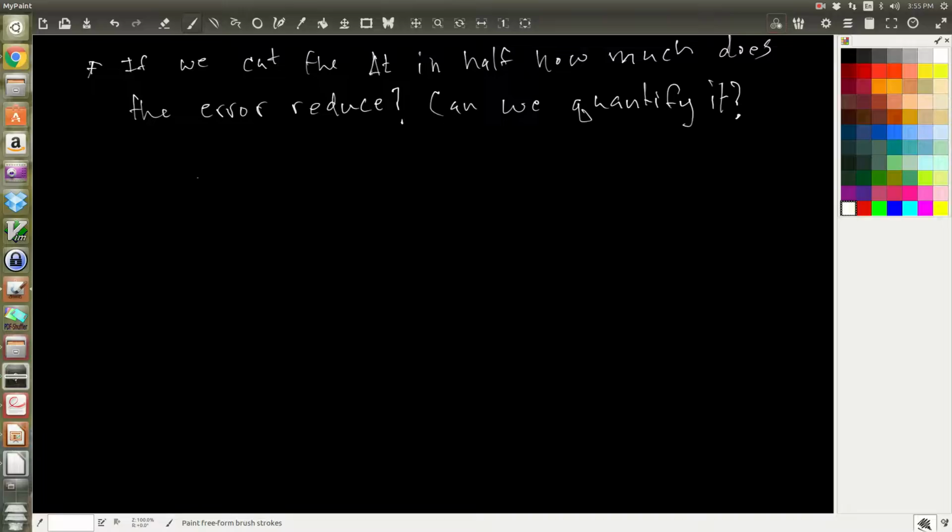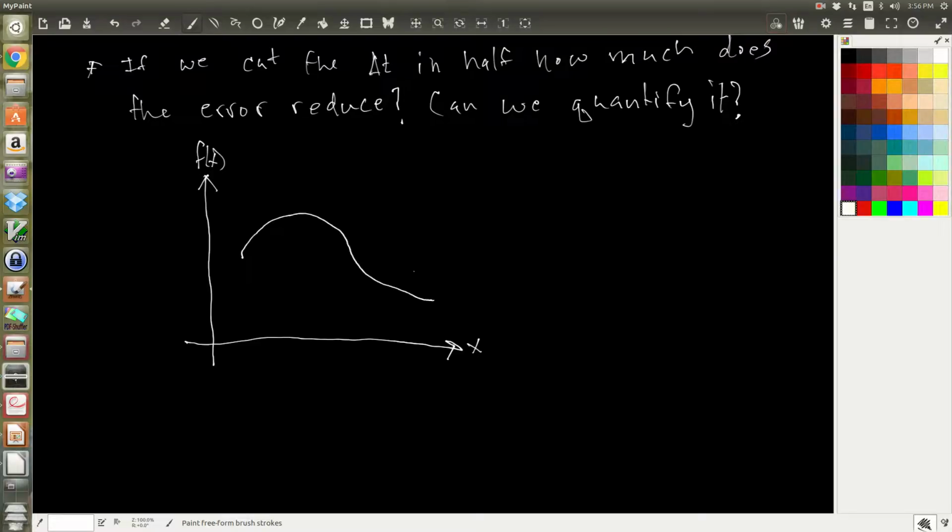Alright, so I'm first going to draw a little picture here of a function. Let's say this is a function of x, and this is f of x, and maybe the function looks something like this. But let's say we don't know what the function looks like, all we know is something about the function at this point right here.